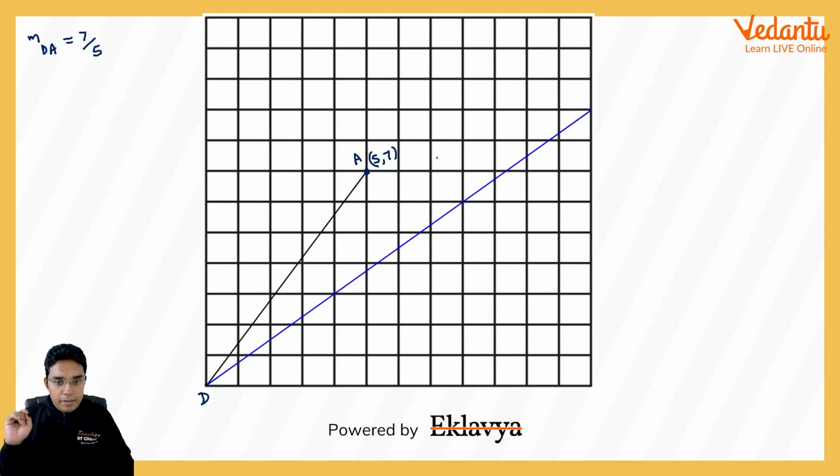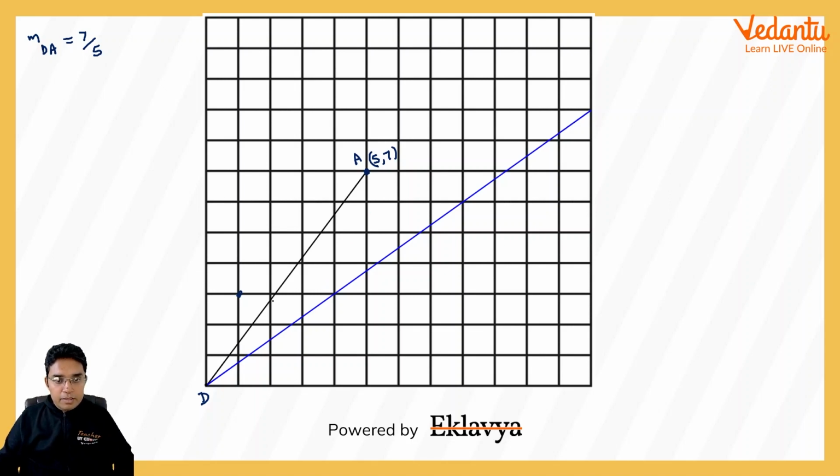What does that mean? Because of that, I will be able to claim that this straight line is never going to meet at any such junction. Like A is a junction where horizontal and vertical lines are crossing. This line DA will never be able to meet any such junction, and you can see it from the diagram also.